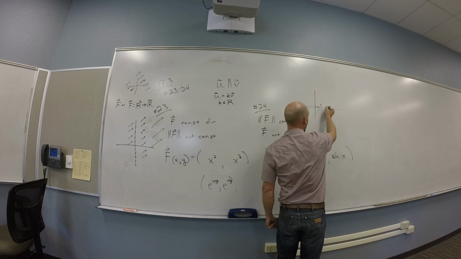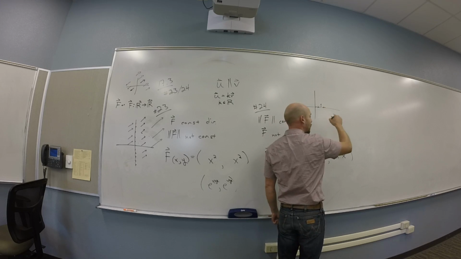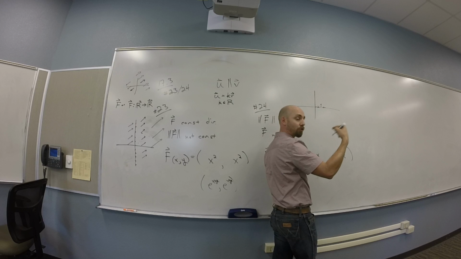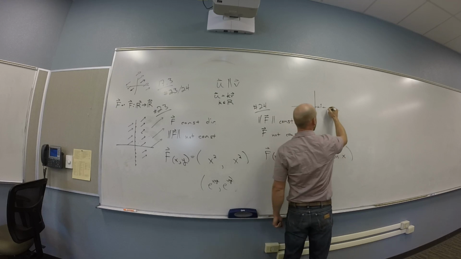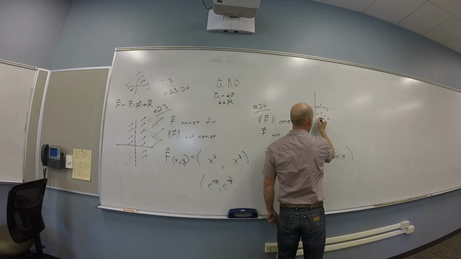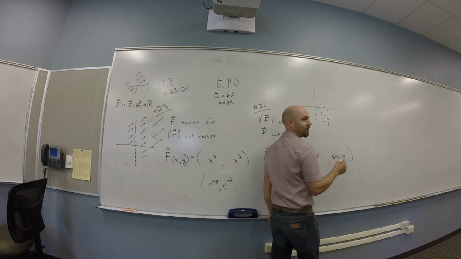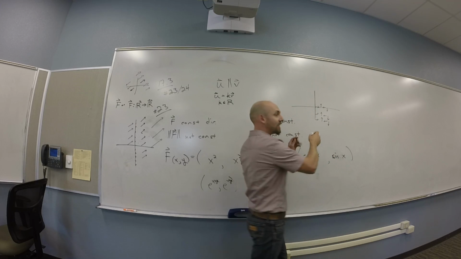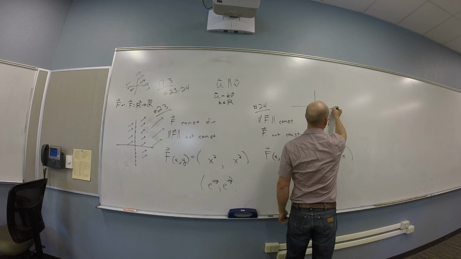At pi, it points straight back. At 3 pi over 2, it points straight down. And it does that for everything regardless of the y value. This is actually a really fun example. And then it does the same thing in here, so you go over again and it does that again.